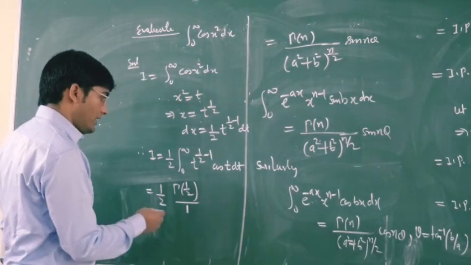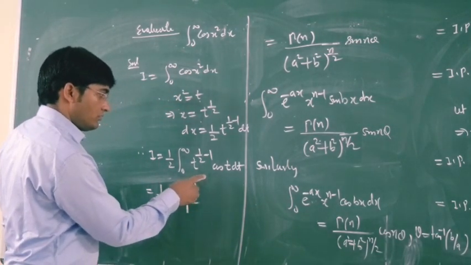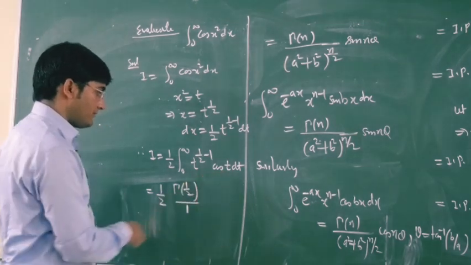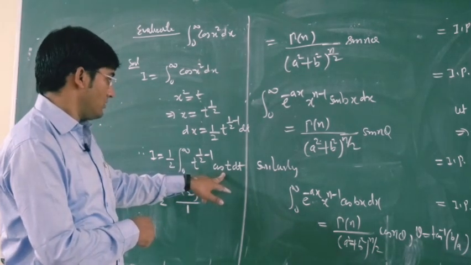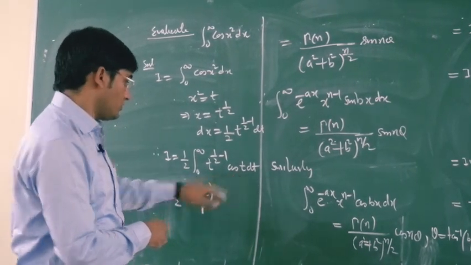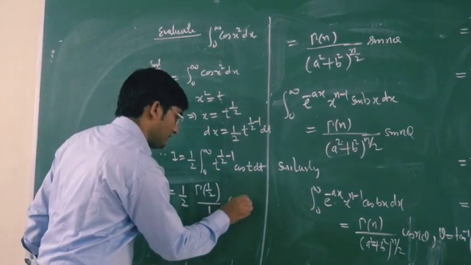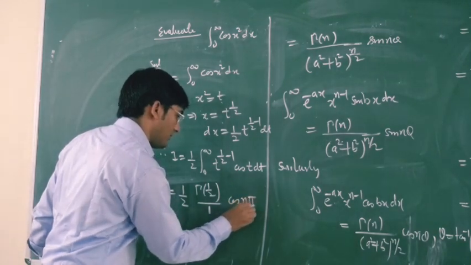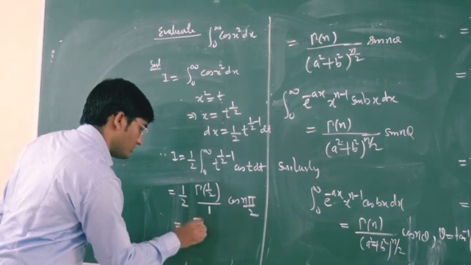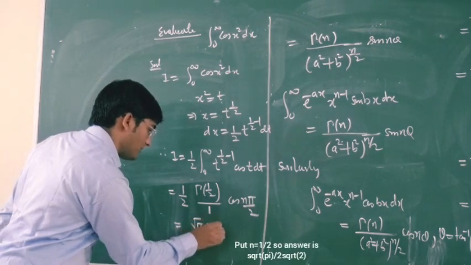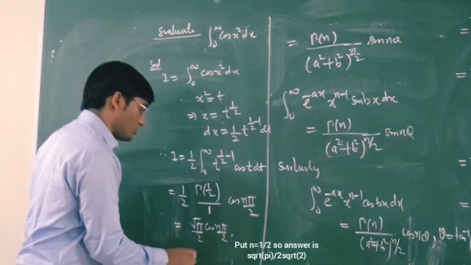So we have cos(nπ/2), with n equal to half, and Γ(1/2) is square root π. So we have √π divided by 2 into cos(nπ/2). So this is the solution of this problem.